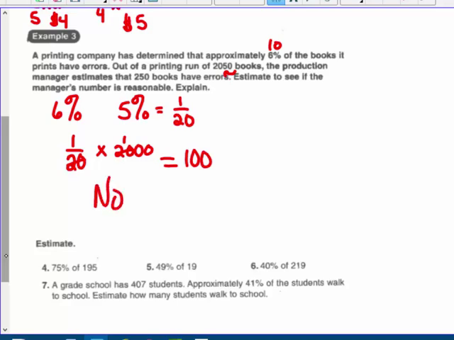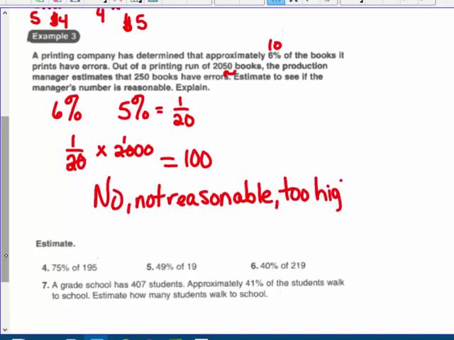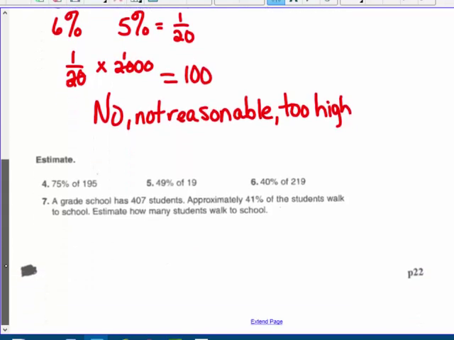No, this is estimate to see if the manager's number is reasonable. No, not reasonable. It's too high. My estimate at 6% or 5% is 100. At 10% would be 205. So way too high.